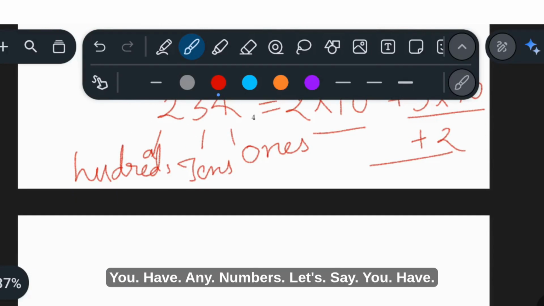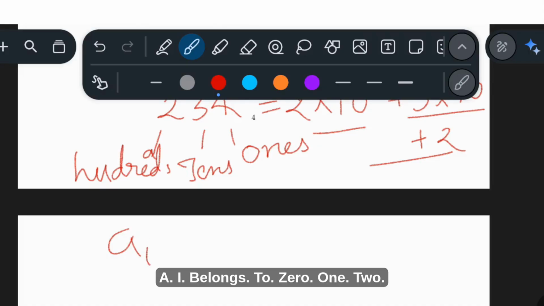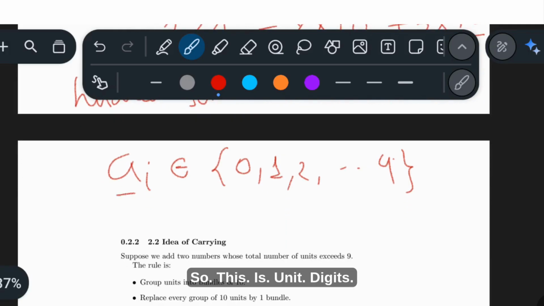You have any number, let's say you have a_i belonging to 0, 1, 2 up to 9. So this is the unit digit.